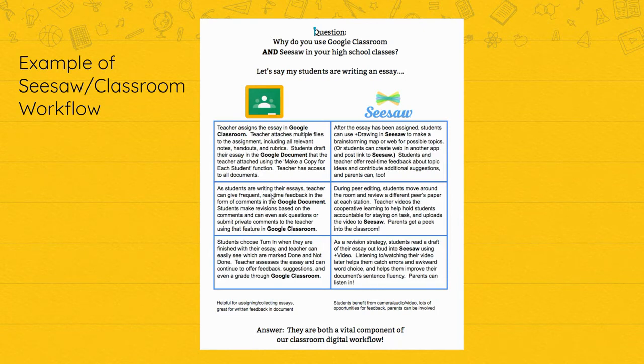Then it goes back into a Google document where they make revisions and start writing their essay in Google Docs. Then it goes back into Seesaw for peer editing and peer review, back into Google Classroom for turning in, and then back into Seesaw for revision feedback. So it's a wonderful example of how both tools work so beautifully together, even in the middle and high school classroom. So it's not just a primary tool.